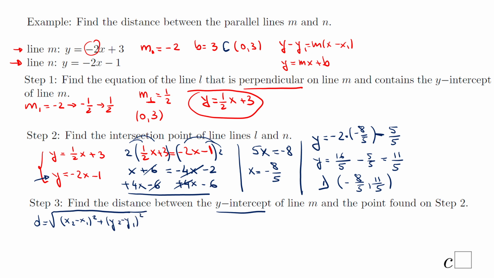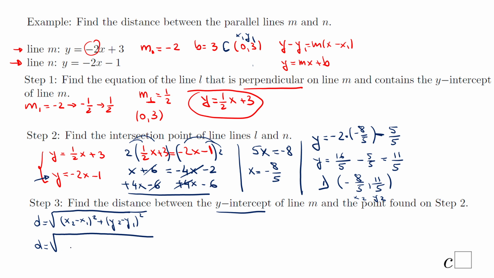It's up to you which one is point 1, which one is point 2. I'm going to use this one as point 1, so x1, y1, and this one as point 2, x2, y2. So let's see what we get. But again, you can switch them, no problem.